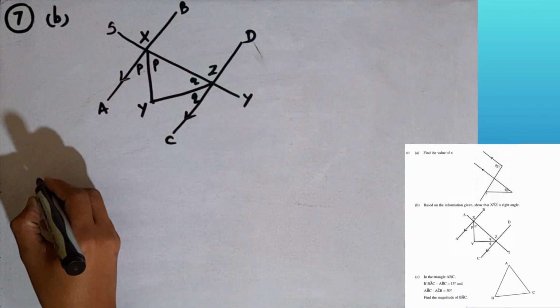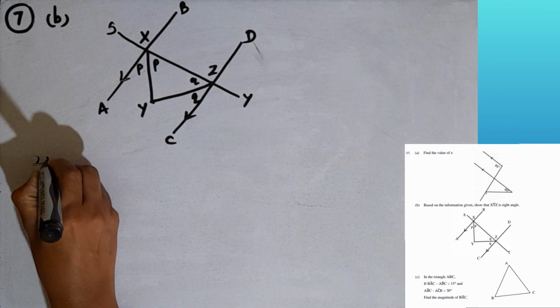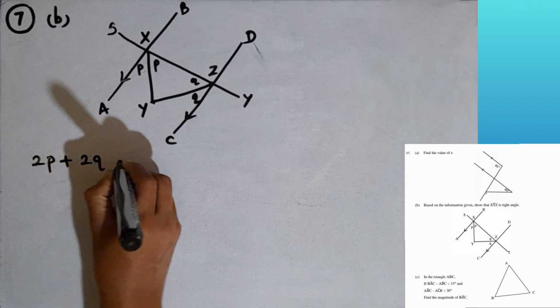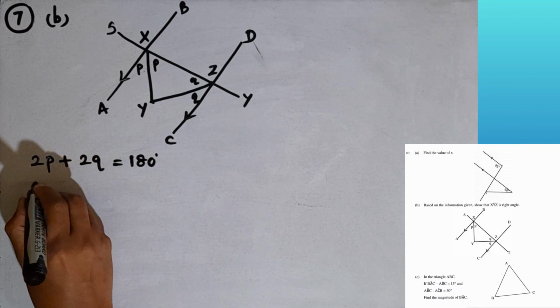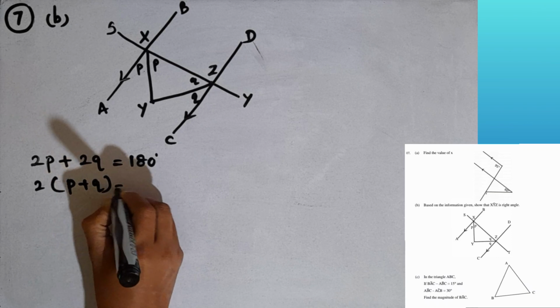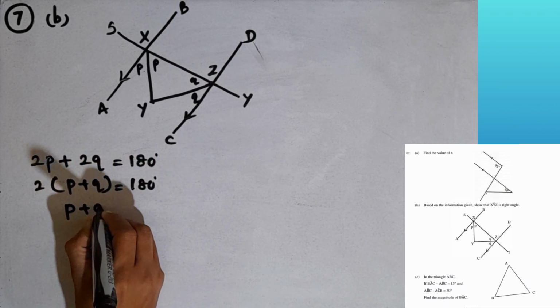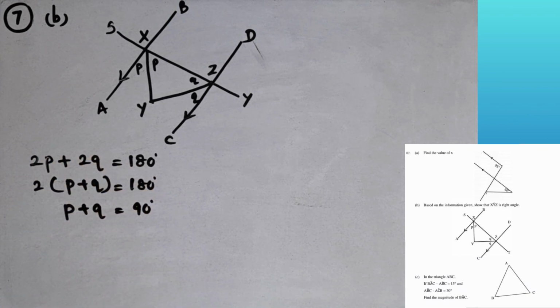So we can write 2p, p plus p is 2p, 2p plus 2q equal to 180. Then if you take 2 out here, p plus q is equal to 180 divided by 2, 90 degrees.